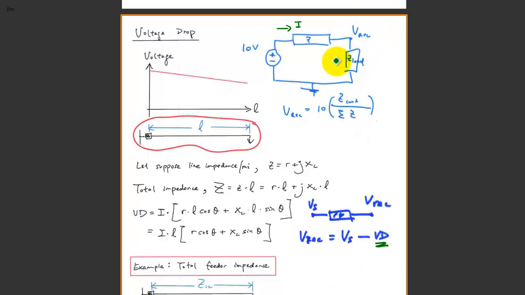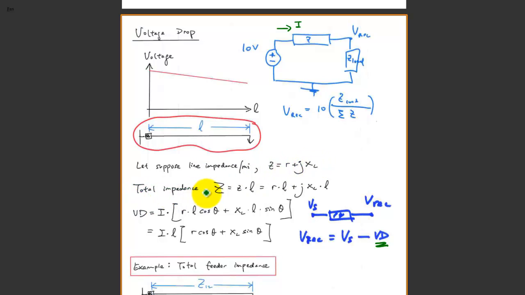Same thing here, we have to do the calculation based on distance. I usually use the breaker as the sending end, and from the sending end all the way to the receiving end load is denoted by length L. Usually impedance is given in ohms per mile, z equals R plus jX, the resistance and the reactance.